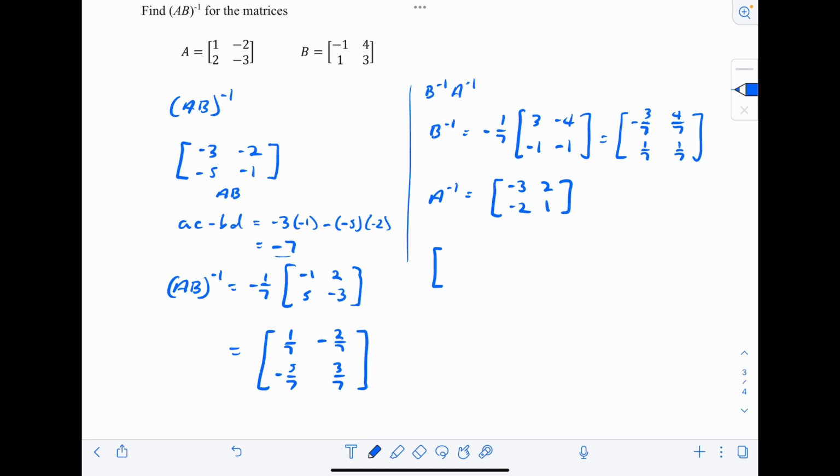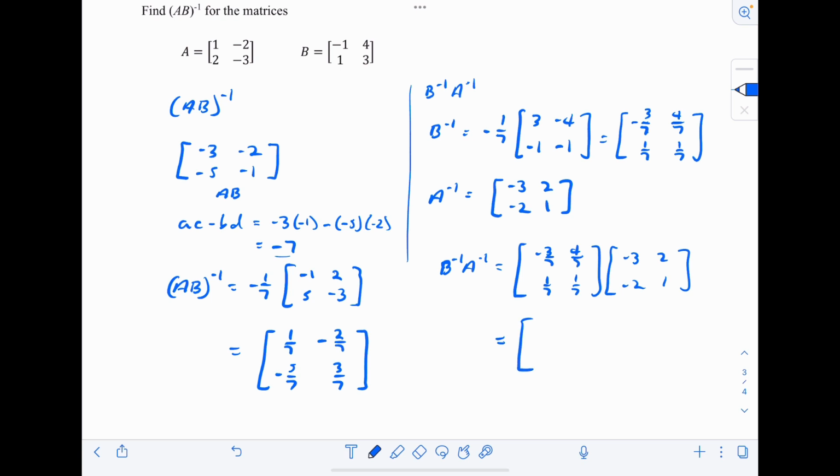Let me rewrite this a little bigger. So -3/7, 4/7, 1/7, 1/7, and then times A inverse, which is -3, 2, -2, 1.